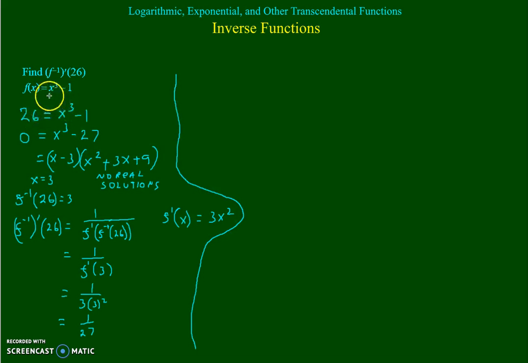Here I just set the original function equal to 26, and then we solve for it. We move the 26 over, and then we find out what values of x will generate that 26.